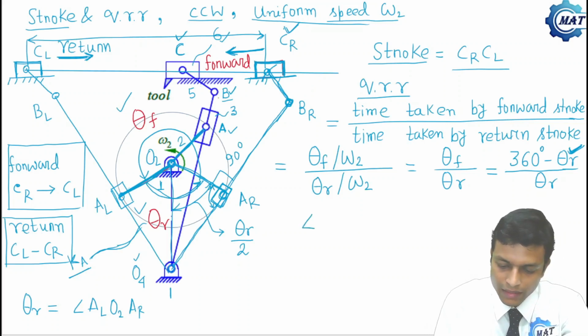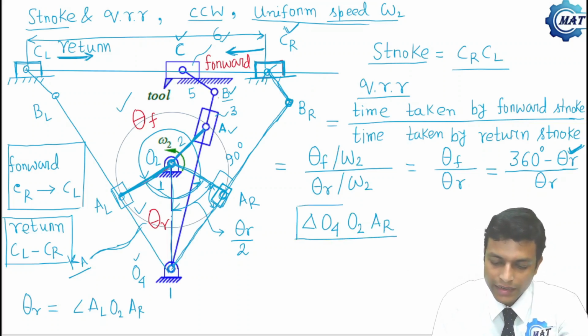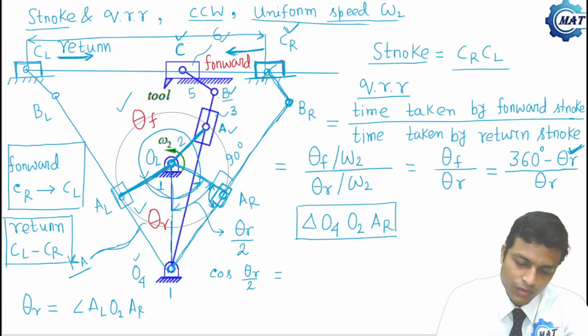So triangle O4 O2 AR is a right angle triangle, because this angle is 90 degree. So we can write cos of theta R by 2. This angle is theta R by 2.